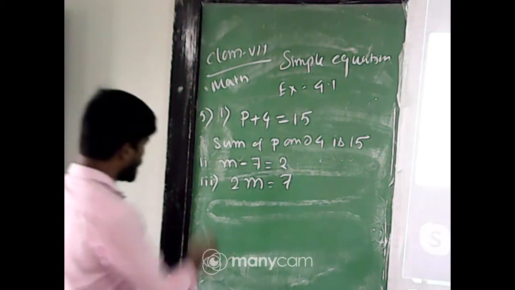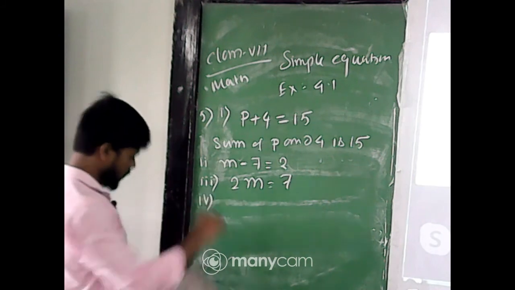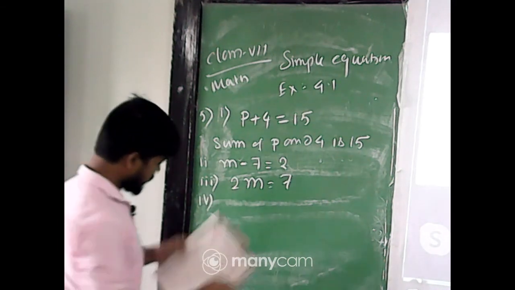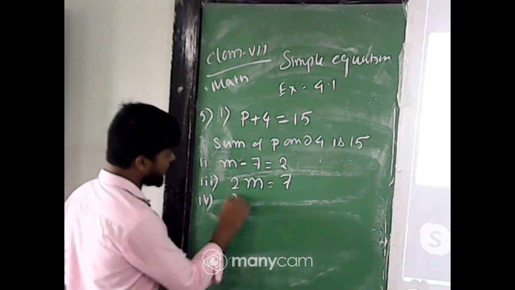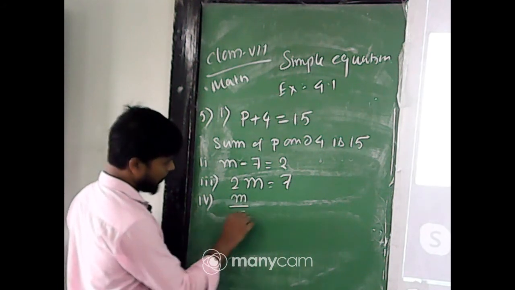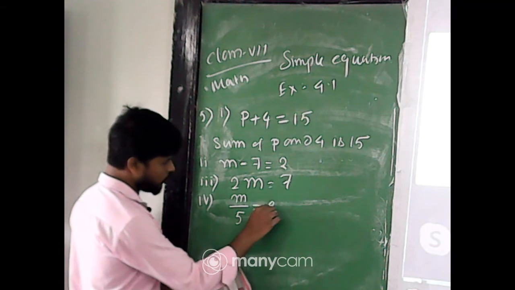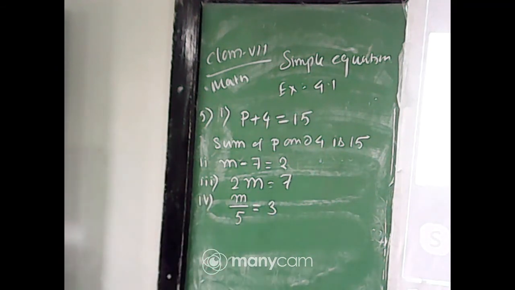Now question number 4. Question number 4 is m by 5 is equal to 3. Now solve this. Set up a mathematical statement from the equation m by 5 is equal to 3. M divided by 5 is equal to 3. Yes, correct.